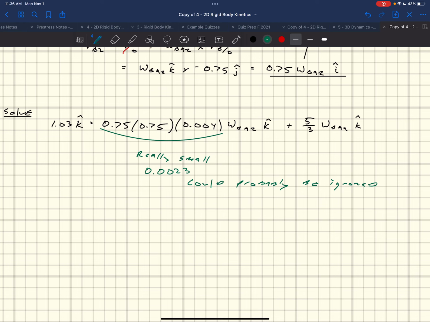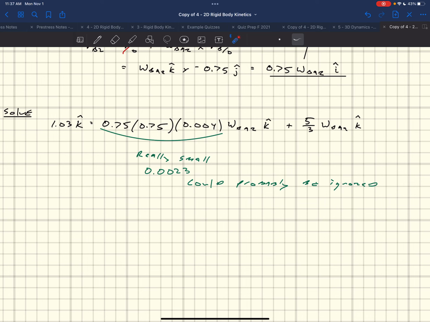That's 0.0023 compared to 5/3, because you'll add this on to 5/3, so 1 2/3. Anyways, this is really small. It's not going to make that big of a difference. So you could probably just ignore the effect of the bullet after it hit.